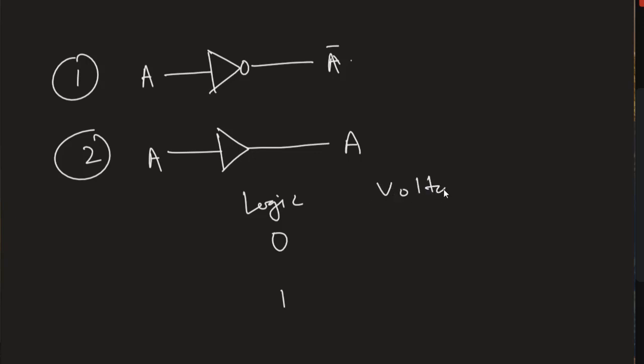Suppose I have a microprocessor with a maximum voltage of 5 volt. Always remember, microprocessors and microcontrollers work on a maximum voltage of 5 to 6, maybe 6 or 7. More than that is not required for your microprocessor and microcontroller.